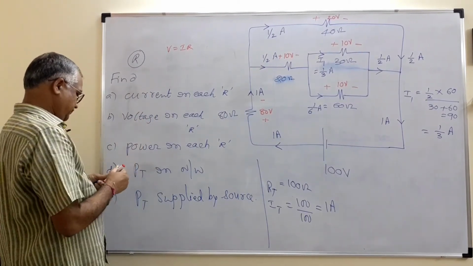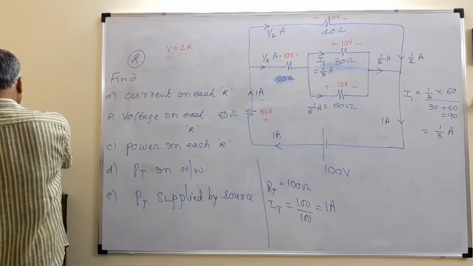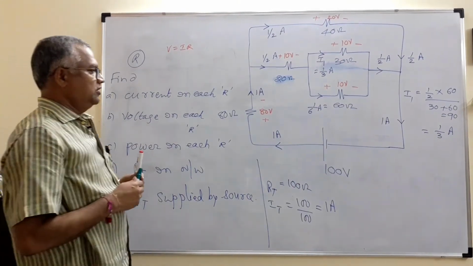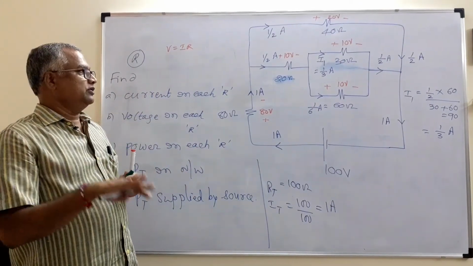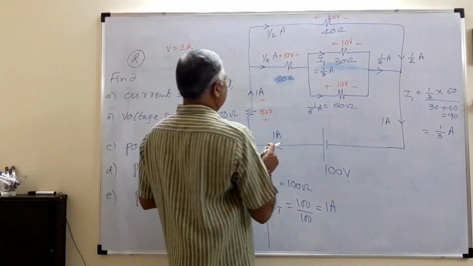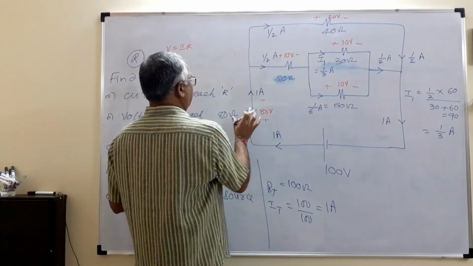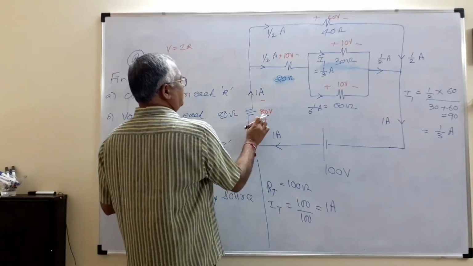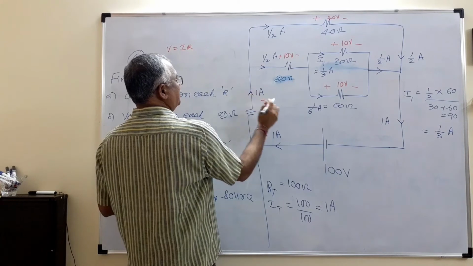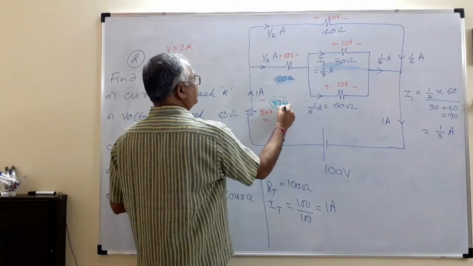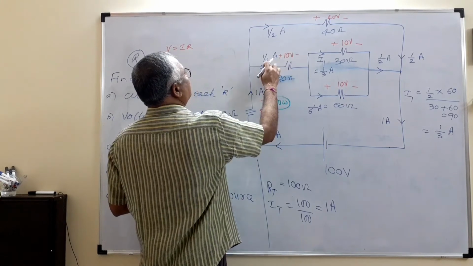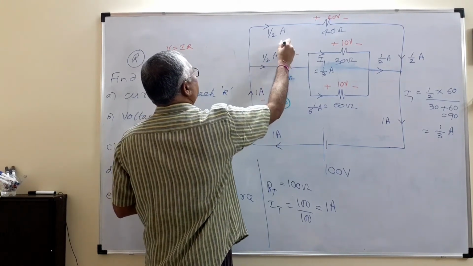Next, power. To find power, what is the power formula? Voltage into current, I square R, or V square by R. So if I apply it, I want to find power here. Voltage into current, 80 into 1, is 80 watts. 10 into 1 by 2, 5 watts.